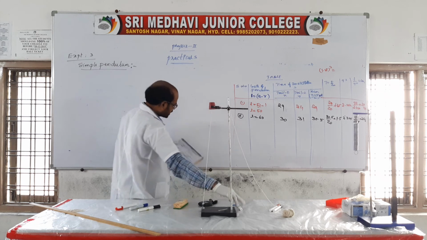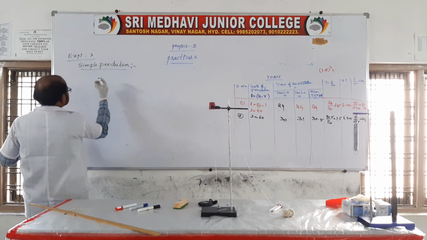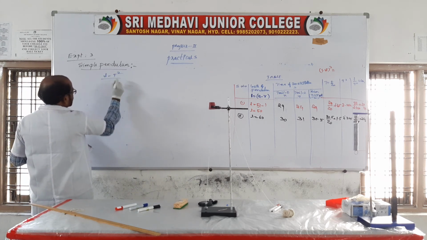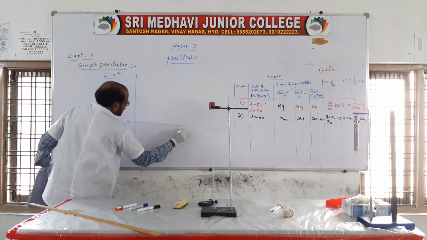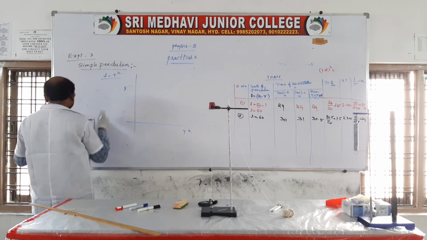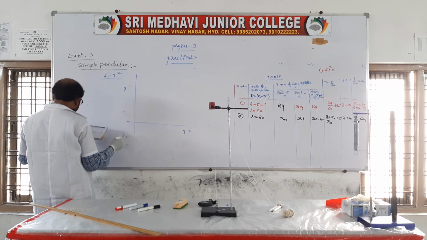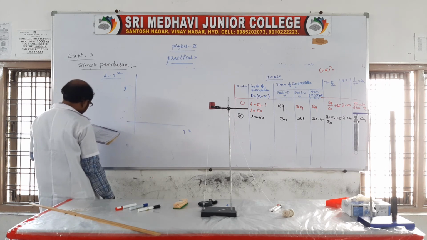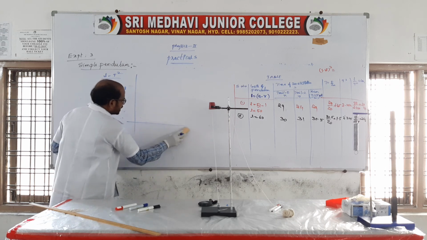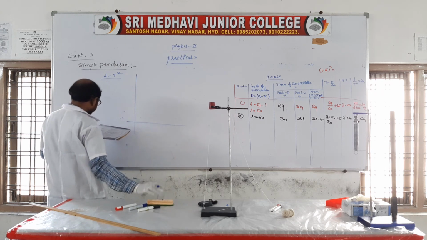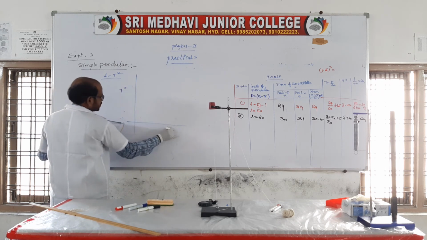Your graph will be the L-T square graph. You need to draw it with t square and the length of the pendulum taken like this, or you can reverse them, no problem. Better you take L here and t square here.